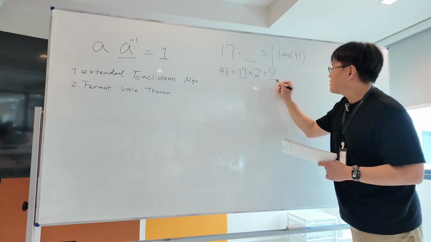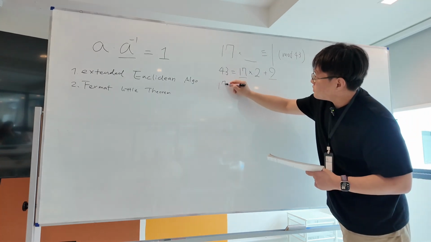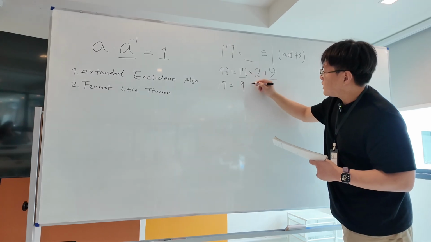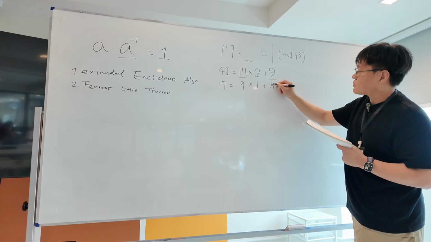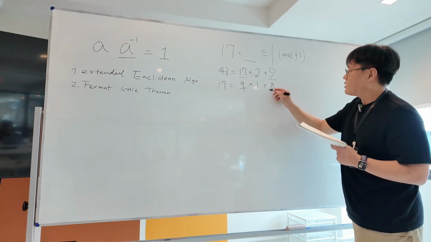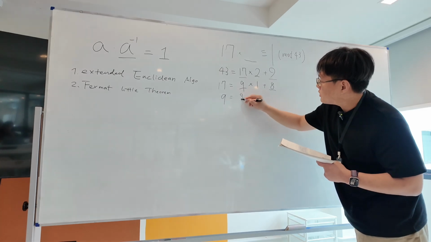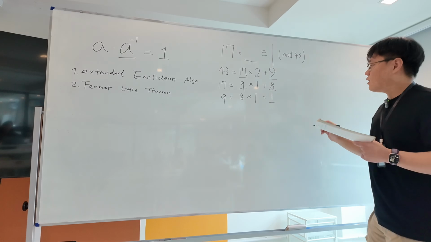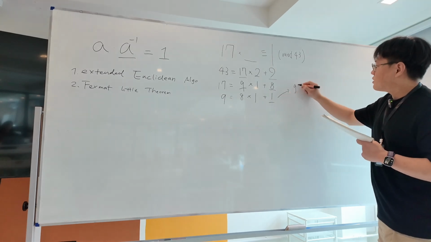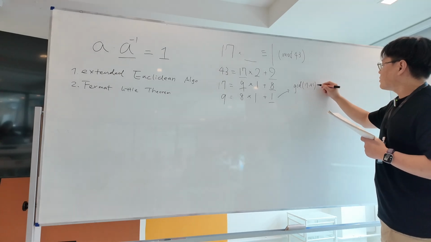Let's bring these two numbers down here. 17 divided by 9 will be 1 and remainder 8. And we bring these two down here, 9 and 8, 1 and 1. And now we know the GCD of 43 and 17 will be 1.